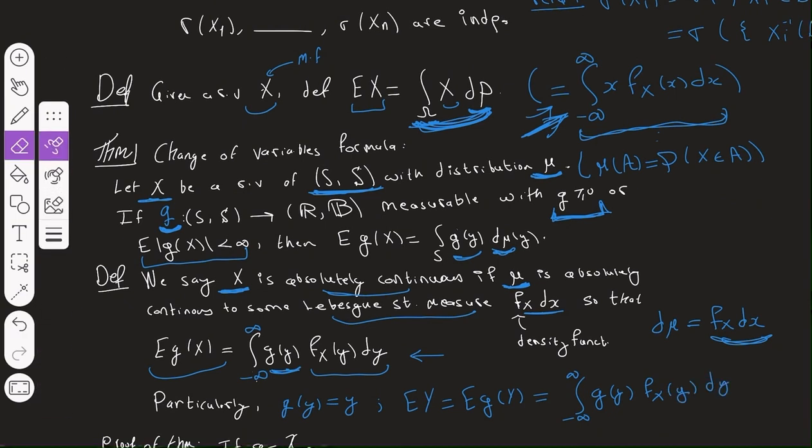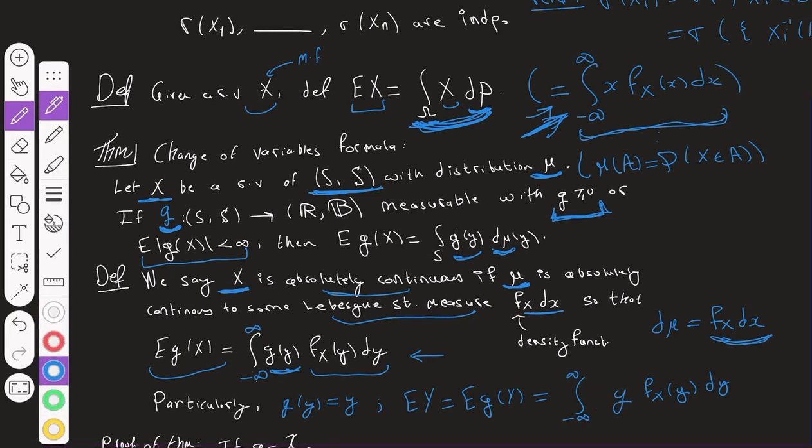Since g of y was y in this case, we recovered the famous formula for computing expected values of random variables that are absolutely continuous. Excuse me, I should have said here that this is the expected value of X, the random variable X.